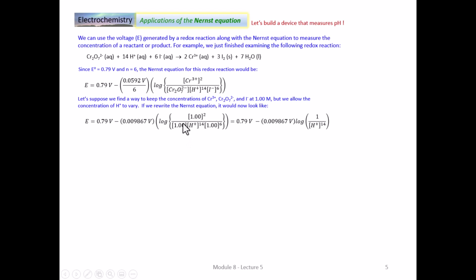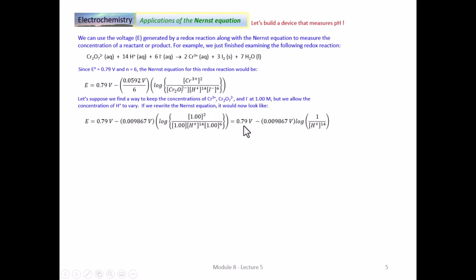over 1, the concentration of dichromate that we said we'd keep at 1 molar, times a hydrogen ion concentration to that 14th power, which looks a little intimidating, and then 1 to the 6th power when we said we'd keep the iodide concentration at 1.